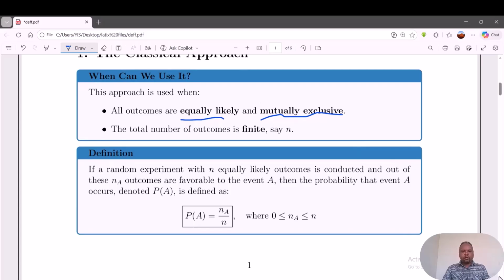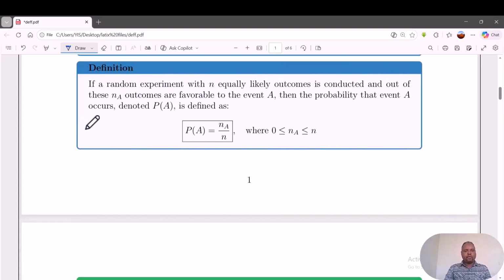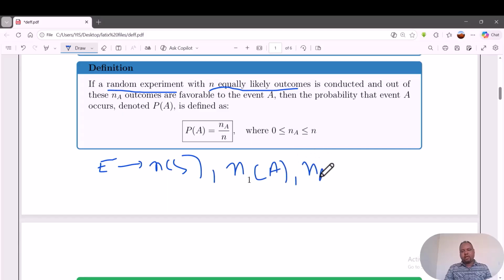Let us see what the formal definition says. If a random experiment E produces n equally likely outcomes, and out of these n, n_A outcomes are favorable to event A, then the probability that event A occurs, denoted by P(A), is defined using this formula.